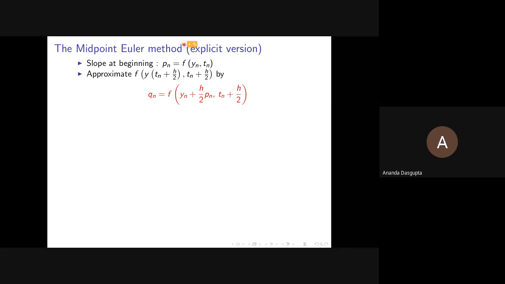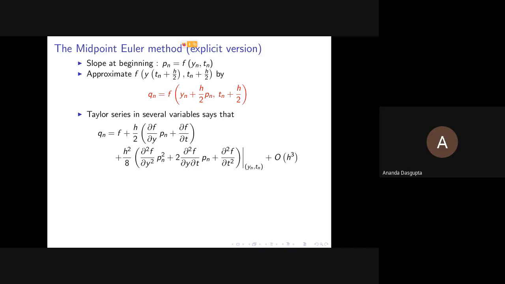But since you can only estimate the slope at the middle and not find it out exactly, will that make a huge difference? So we really need to get down and do some hard work here to find out whether this thing actually works out properly. That is, whether the error here is really order h cube, or whether this thing that we have done here has really messed it up.